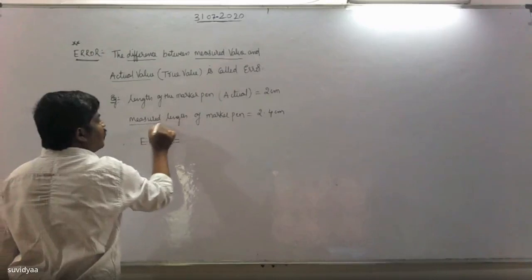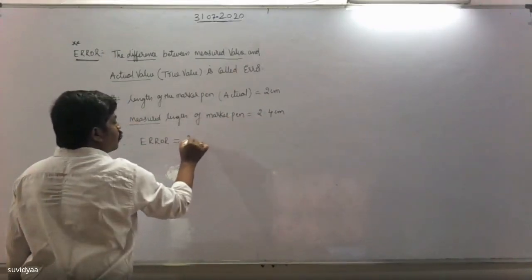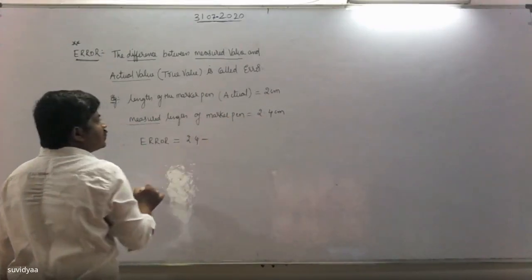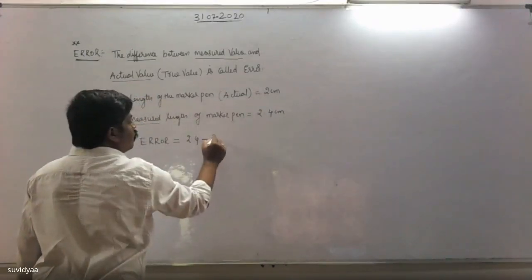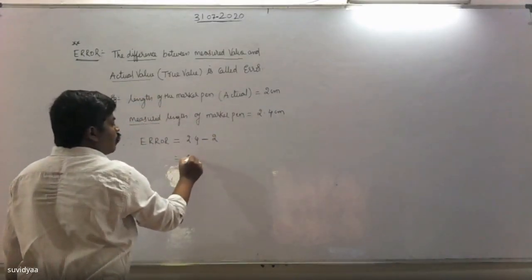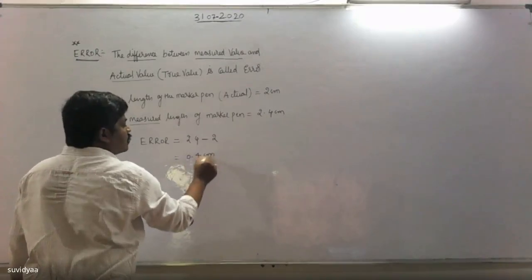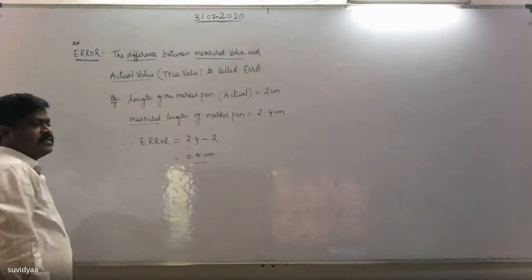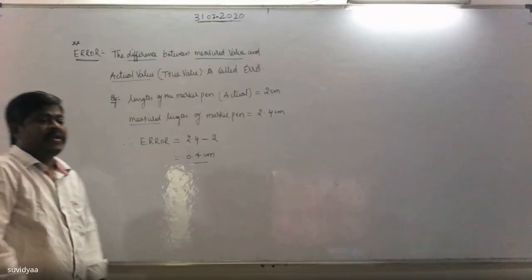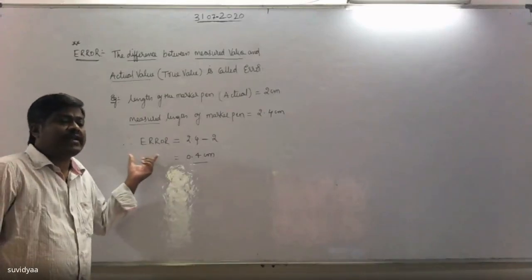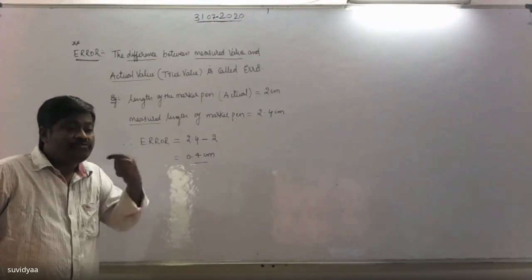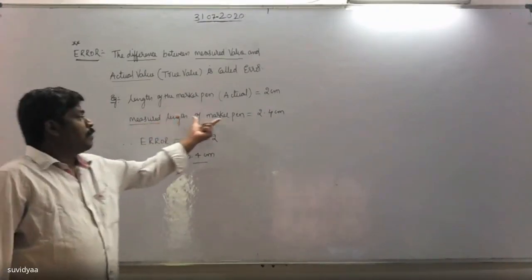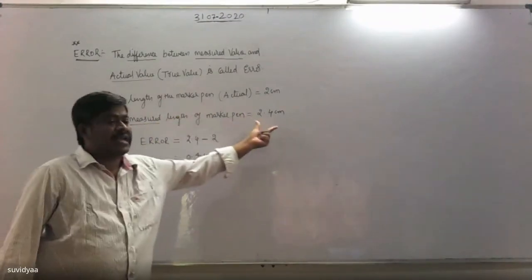What is the measured value? 2.4 minus the actual value. What is the actual value? 2. So that is equal to 0.4 centimeter. This is the error. Meaning understood? How to find error? Simple.